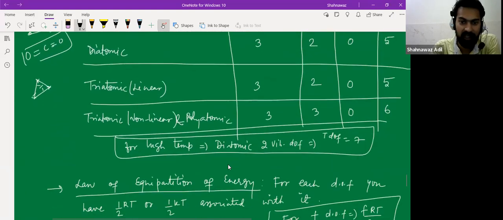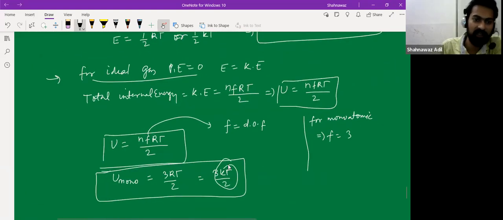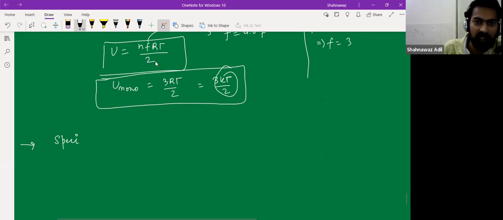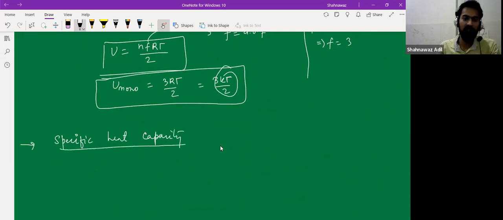With degrees of freedom. And now this internal energy is going to be useful for the specific heat capacity. So what is it, denoted by S?